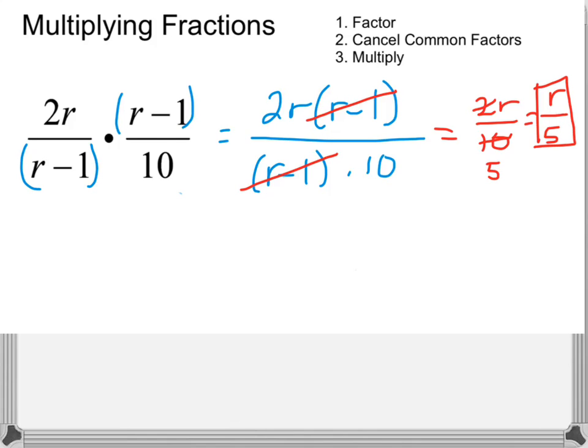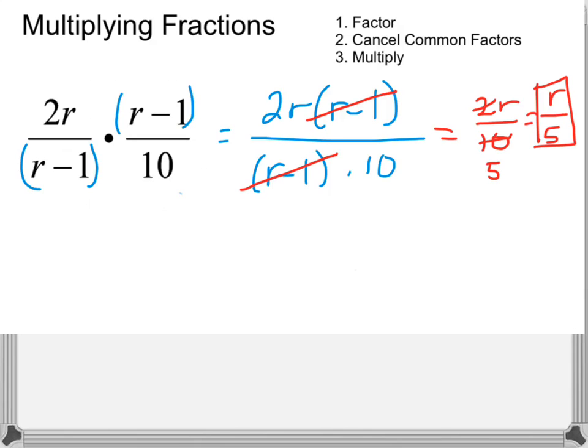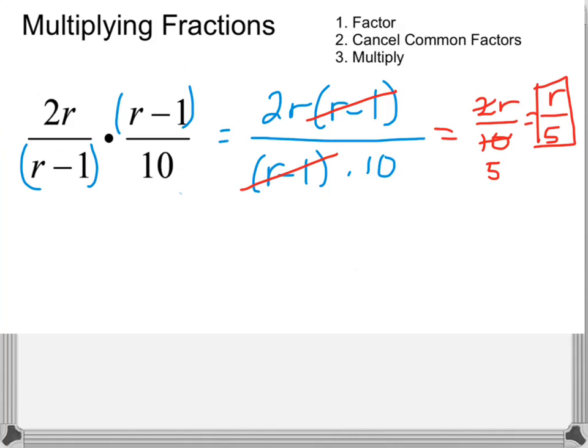Okay? Now we're going to move on to dividing algebraic fractions. And so the one change that we have when we're dividing is we're going to use a keep, change, flip method. That's the only thing that's different between the multiplication and division. Once we're there, we're going to use the same 3 steps that we used in the previous.